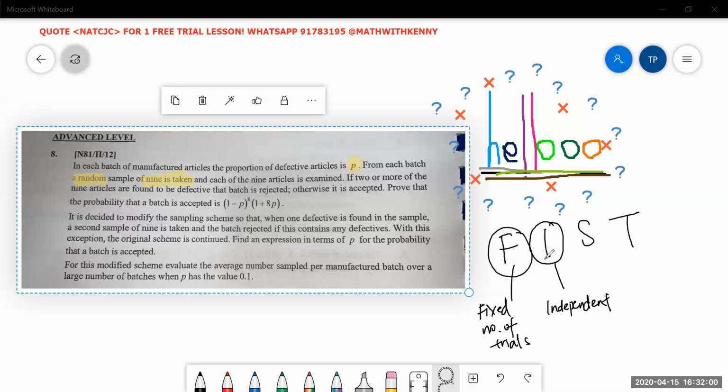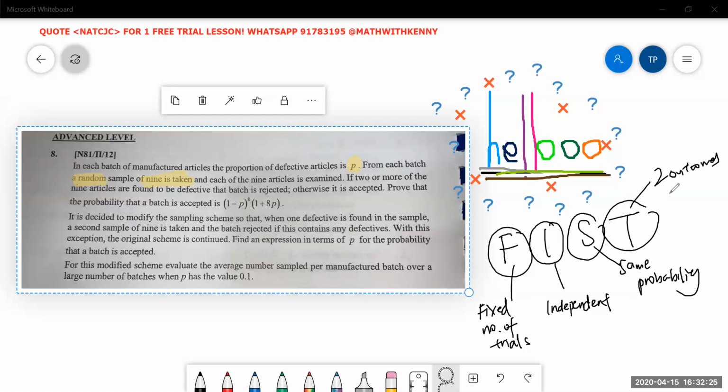You write now. F is the fixed number of trials. I is independent, meaning the events are all independent. The selection is independent. S means same probability. T means two outcomes.